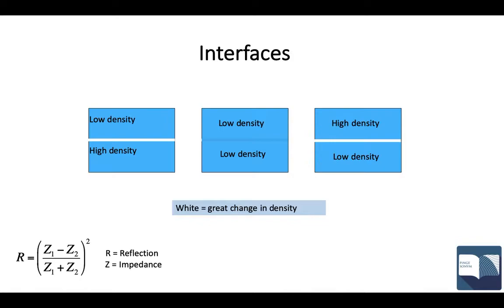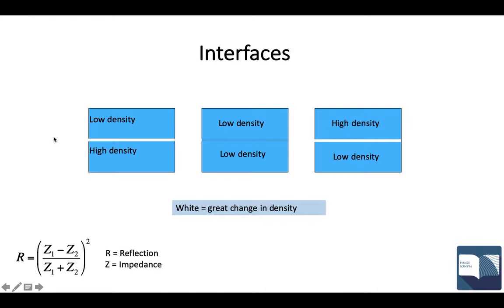So we must know what is an interface. The interface, that is this limit, is more wide, more strong, the more the difference in density between the two tissues is high.